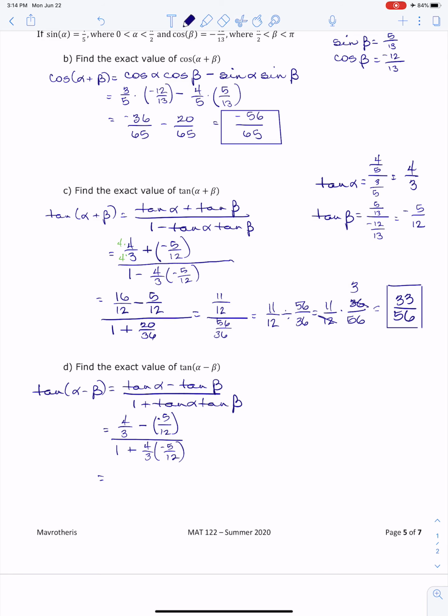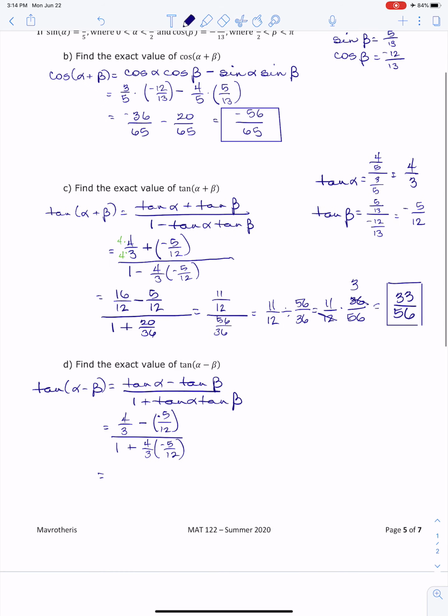Again, I get 16/12. Now it's plus 5/12, so 21 over 12, divided by 36 over 36 minus 20 over 36. So 16 over 36. 21 over 12 divided by 16 over 36. 21 over 12 times 36 over 16.